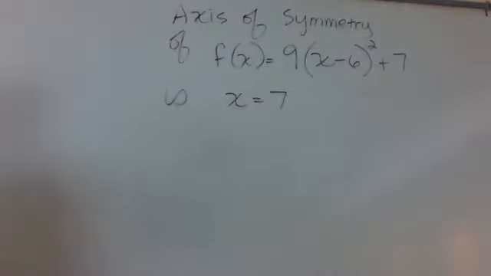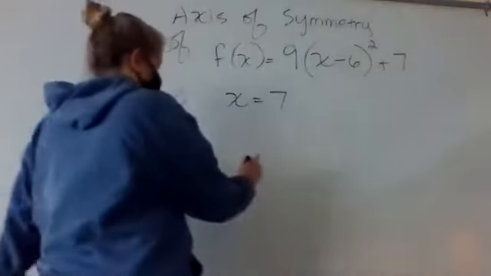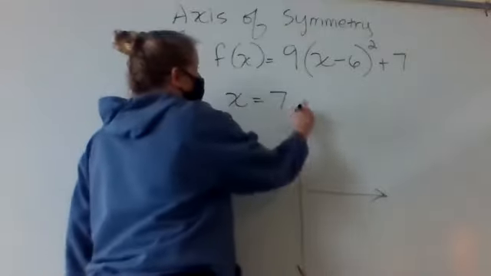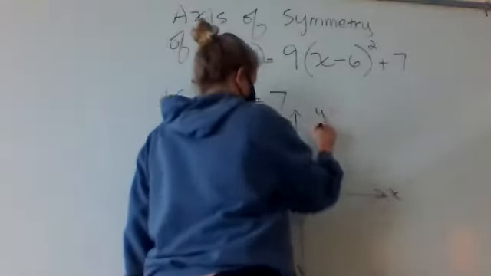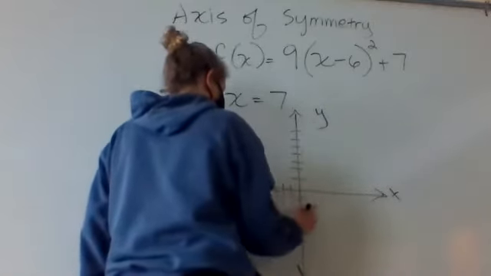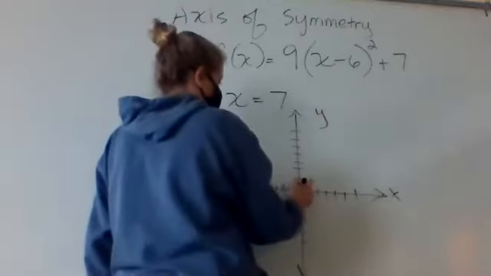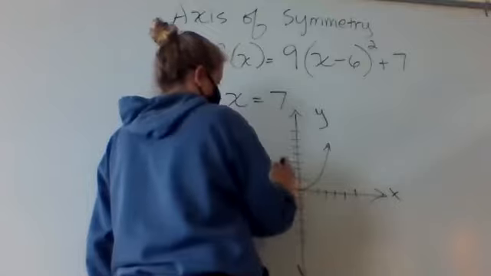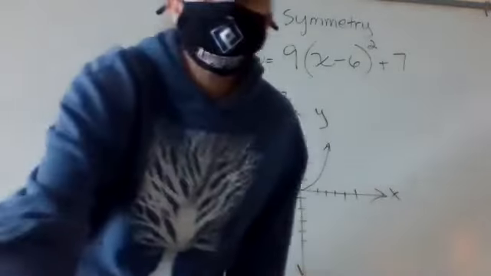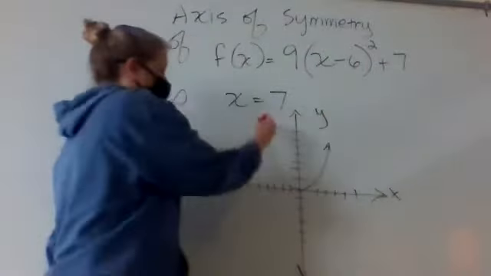So let's think about, remember what these two numbers here are going to do to your x squared graph. A regular x squared graph is right here. The vertex is right there at the origin. So let's think about what these two numbers are going to do with this parabola.